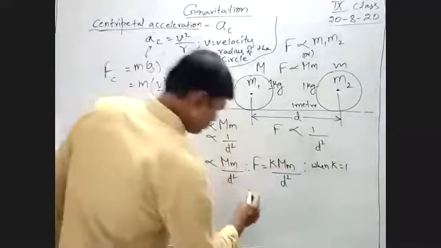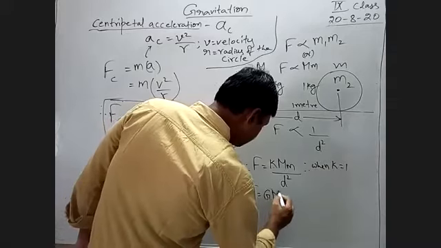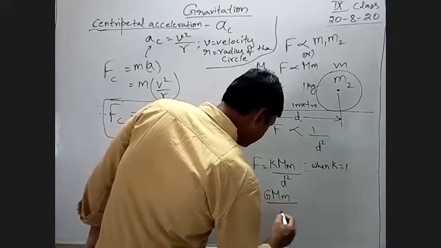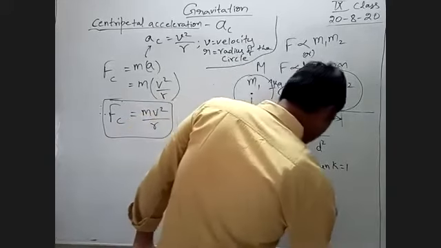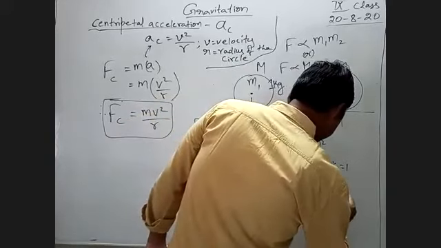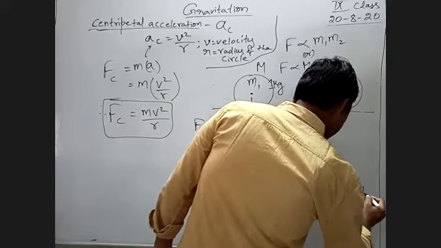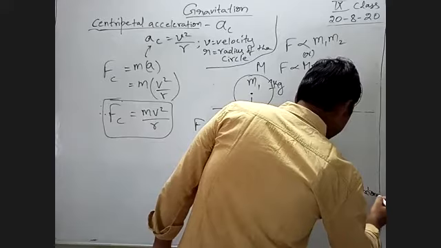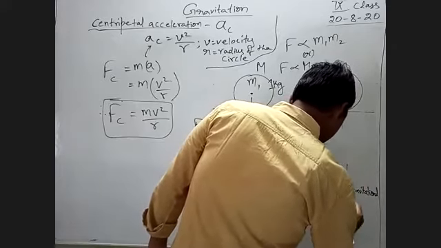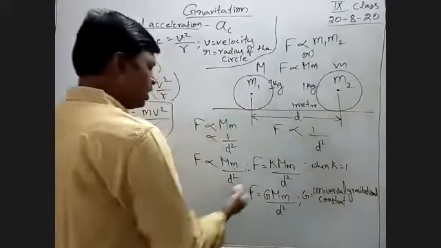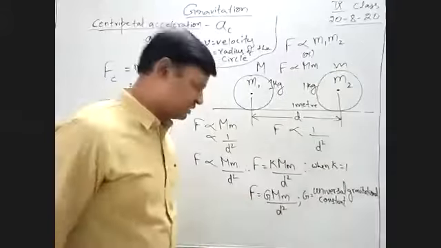F is equal to G m1 m2 by d square, where G is the universal gravitational constant. Let us try to get the unit of this capital G.